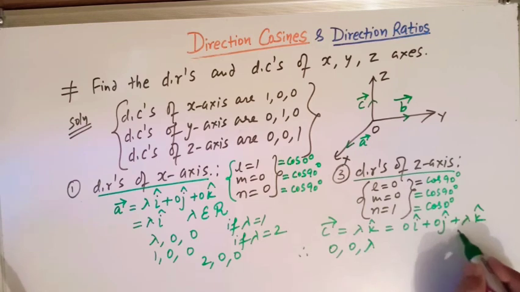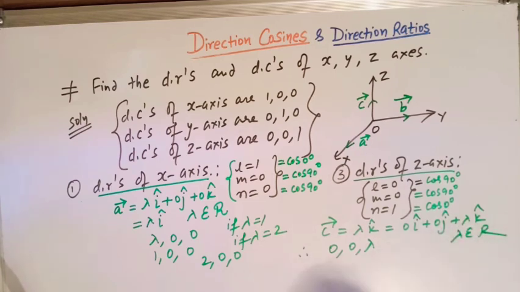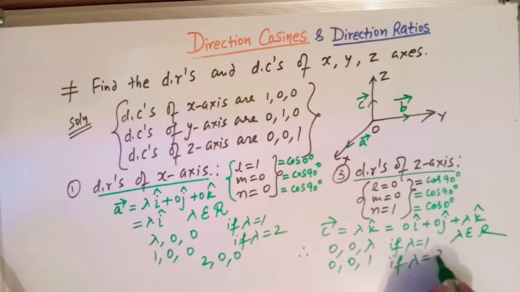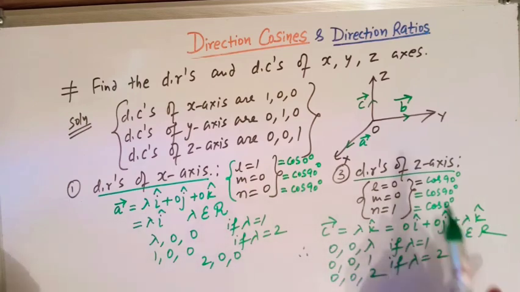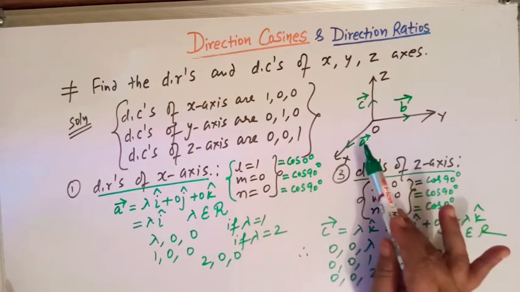Clear? And lambda again belongs to the set of real numbers. So if lambda is 1, then the DRs are 0, 0, 1. If lambda is 2, then the DRs are 0, 0 and 2. Clear?